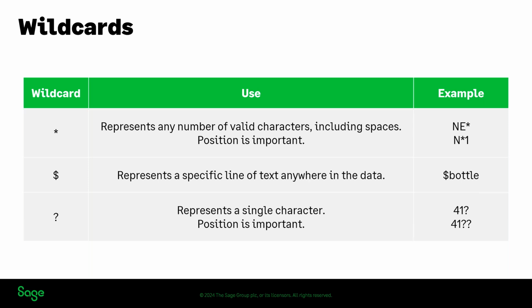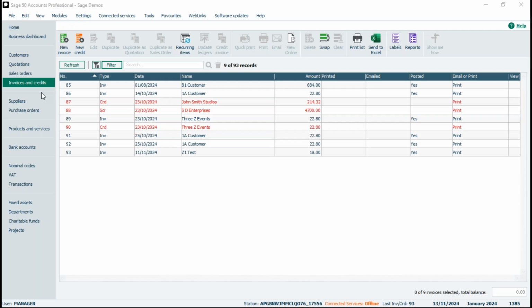Let's have a quick look at those, just so I can show you what I mean by them. Sometimes it's hard to understand the concept of them without having a little play around with them. Remember, you can play with filters as well, to your heart's content. You can switch them on and off, and it only affects your views. It used to be quite common, when I was on support, where people would say, I've created this customer, but my colleague can't see that.